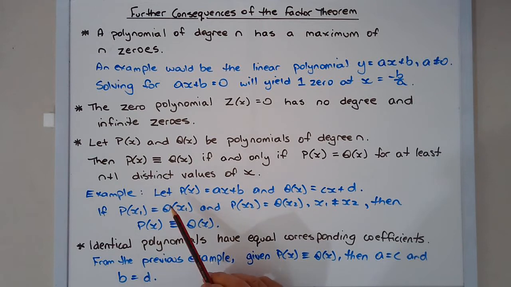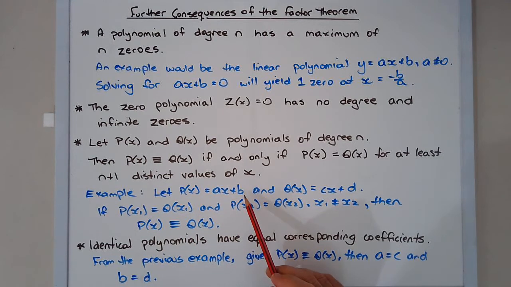So for example, let p of x equal ax plus b and q of x equal cx plus d. So two linear polynomials. We don't know what a, b, c and d are. So a can't equal 0 and c can't equal 0. So these are degree 1 polynomials.